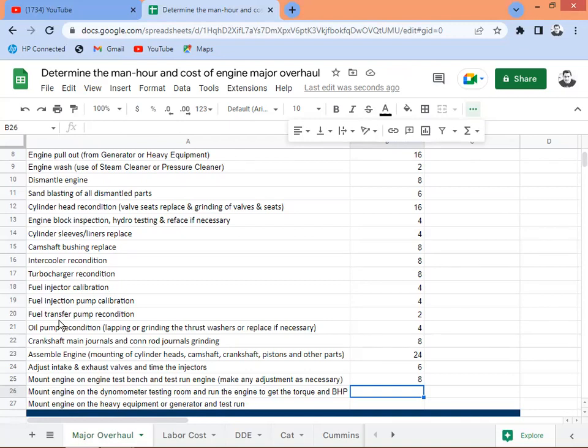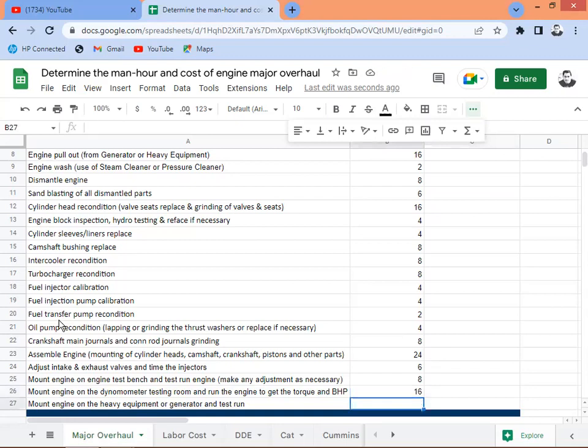Maybe oil is leaking from the center bearing of the turbocharger, or maybe engine oil is leaking from the water cooler, or from somewhere else. So 8 hours, and then the dynamometer test would be around 16 hours, 2 days, 8 hours times 2 days.